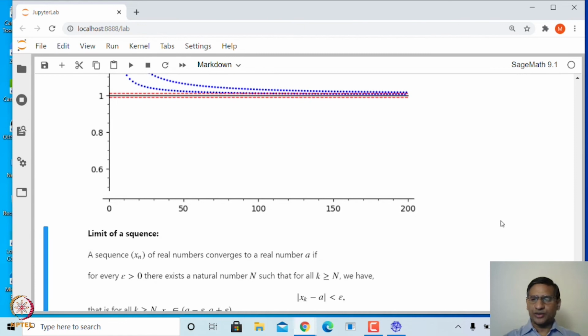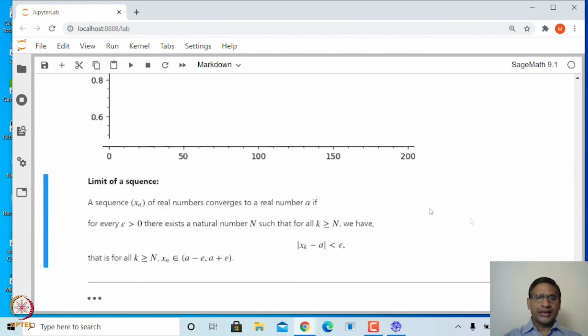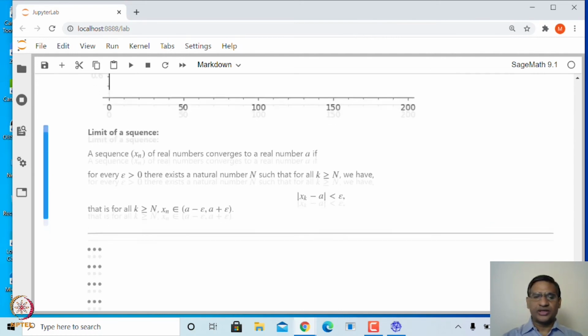It says that if you have a sequence x n of real numbers, we say that it converges to a real number a if you take any epsilon positive, in particular any band about a, then you can find a natural number after which all the terms have the property that for k bigger than or equal to n, mod of x k minus a will be less than epsilon, which is the same as saying x k will lie in the band a minus epsilon to a plus epsilon. That is what was demonstrated. So, that is the definition of limit of a sequence.